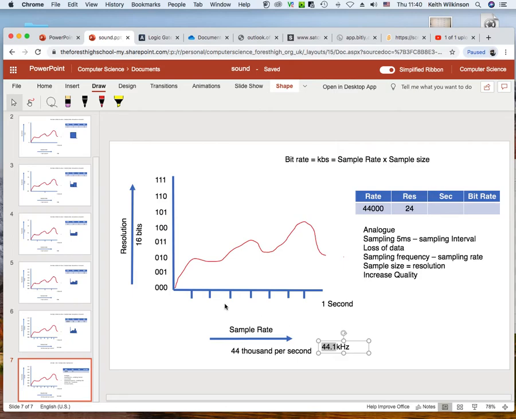If we increase the resolution, it really gets louder. So if we increase this sample size, what we're actually capable of doing is picking up quieter sounds.